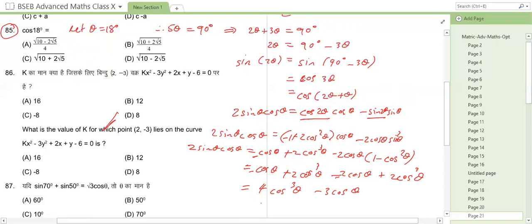And factorizing everything and making it equal to 0, of course, we can take out cos theta as a common factor. So taking out cos theta as a common factor, we have 2 sine theta minus 4 cos squared theta plus 3 is equal to 0.